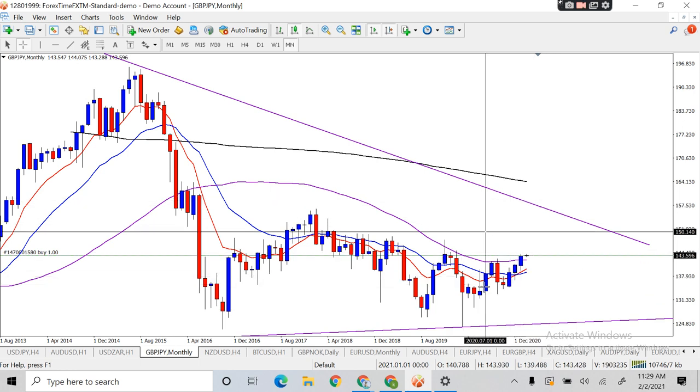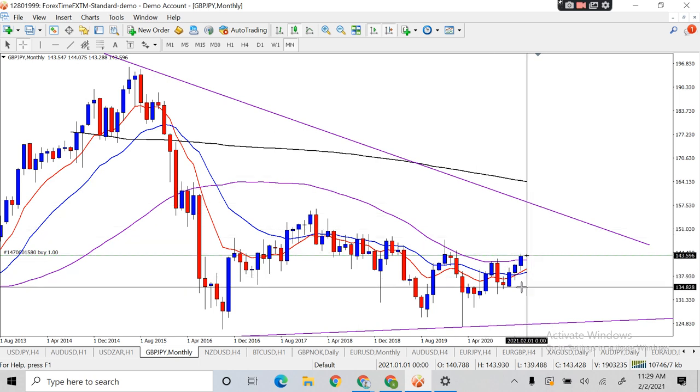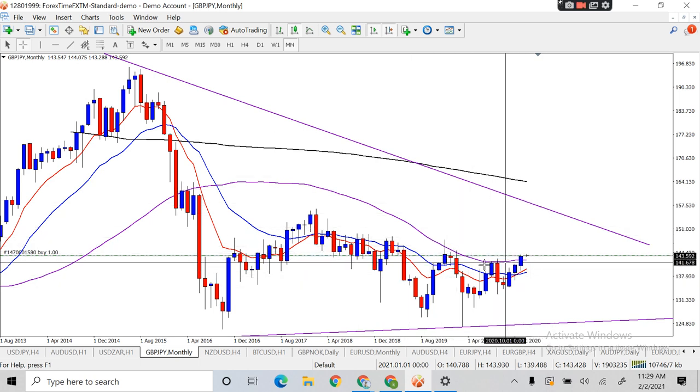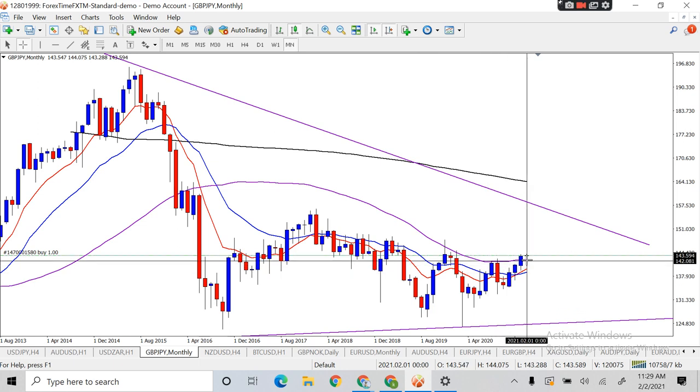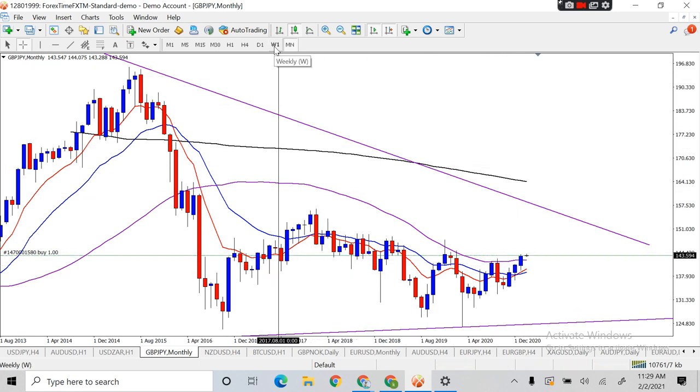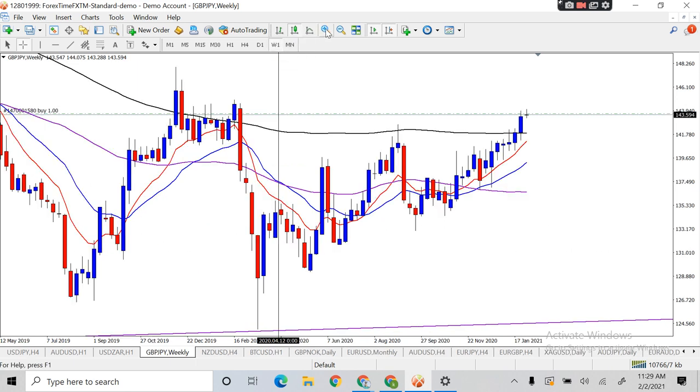So this pair has been buying all the way. You see that January closed above the 50 moving average on the monthly. So I have a buy bias for this pair.